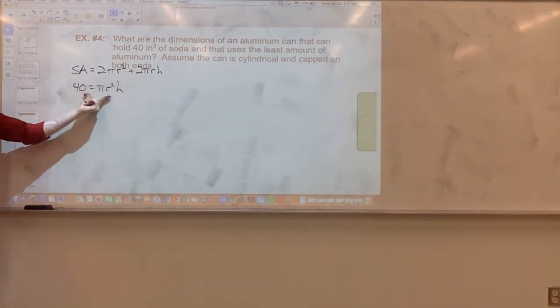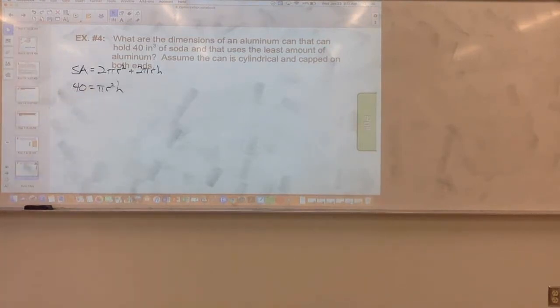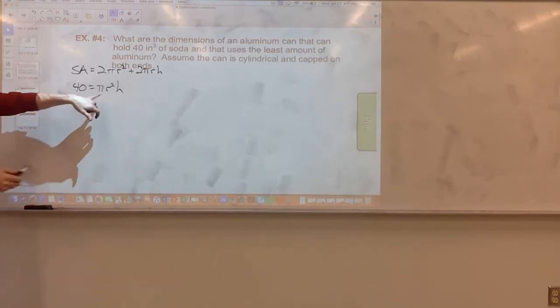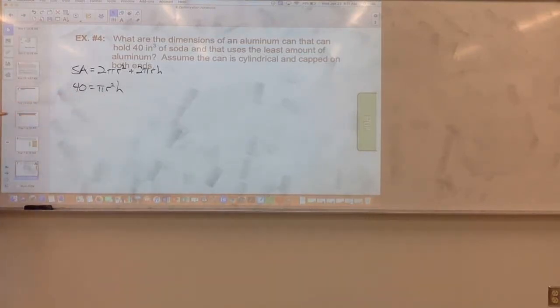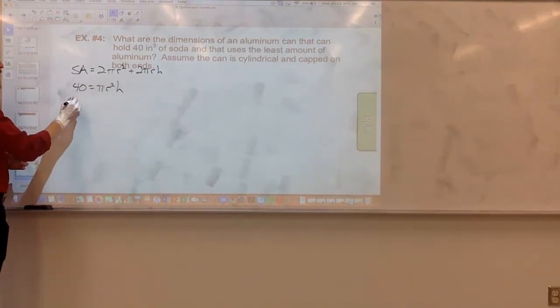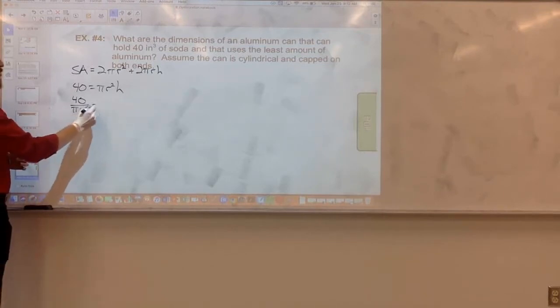So I need to take my second equation, solve for one of the variables, and plug that in. Which variable do we want to solve for, r or h? It's probably going to be easier to solve for h, and solving for r is not going to get us anywhere. So if we solve for h, that'll get me 40 over pi r squared.